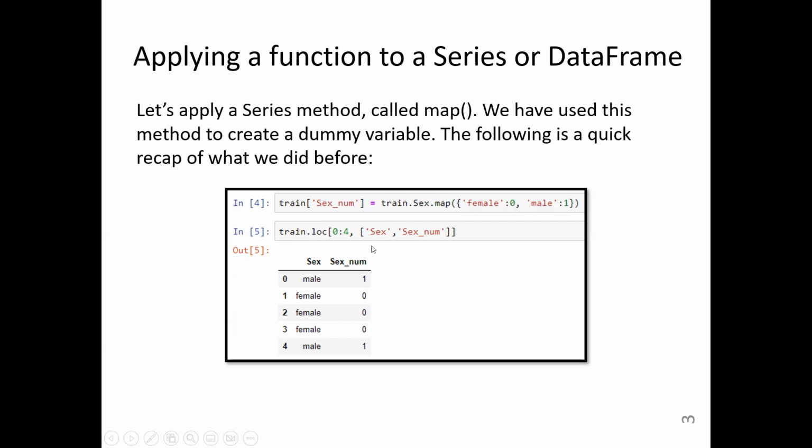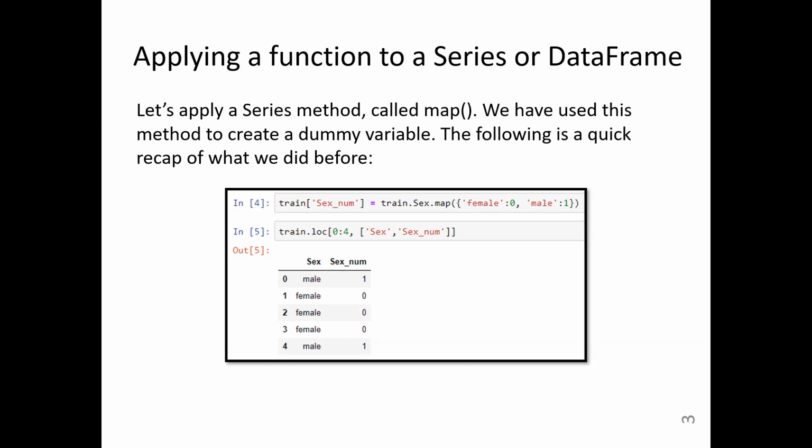And the thing here is practicing loc. We say train.loc, and we take the first 5 rows by saying 0:4. And just remember, loc is one of the exceptional methods that is inclusive on both sides, right?